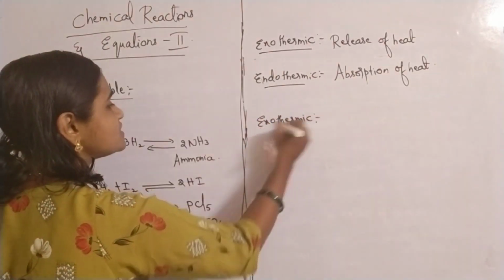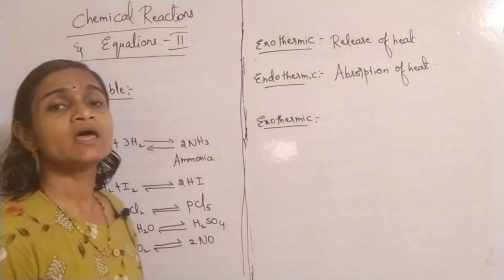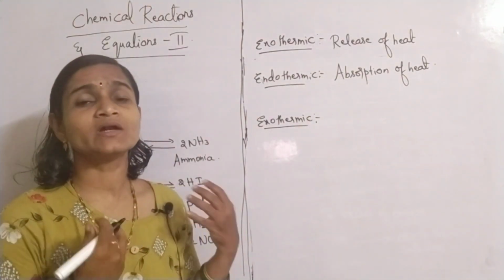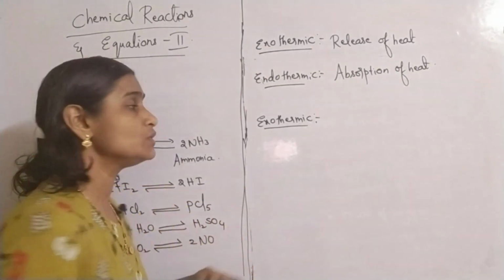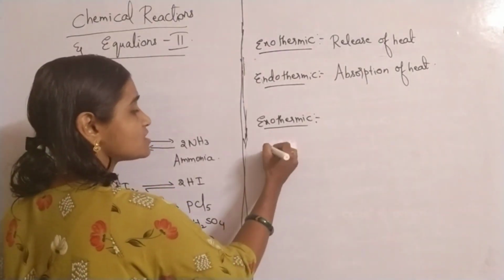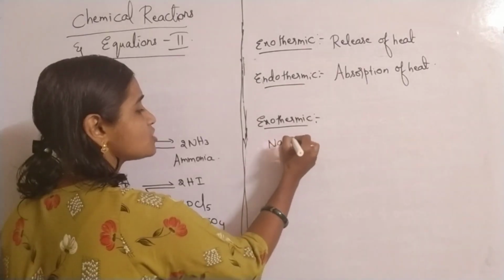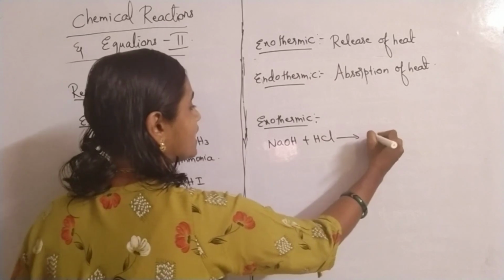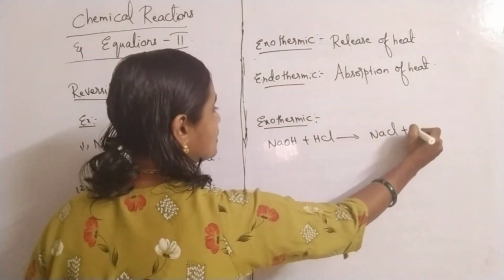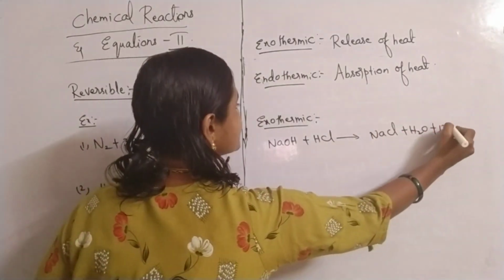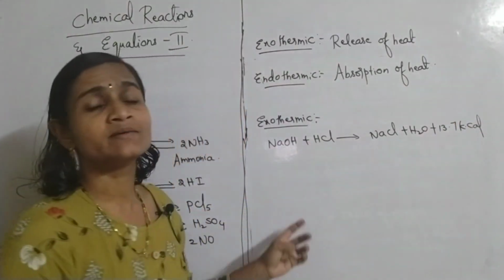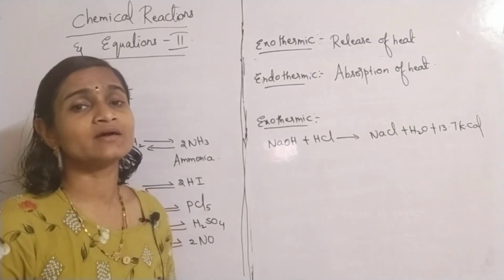For exothermic reactions, you have many examples. Most of the reactions which we come across come under exothermic reactions only. Whatever we have just learned, neutralization is an exothermic reaction. NaOH plus HCl gives rise to NaCl plus H2O plus 13.7 kilocalories of heat released.